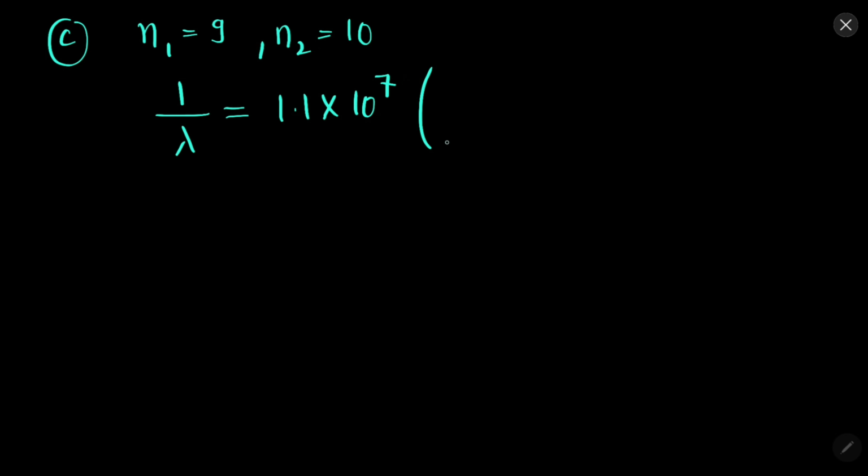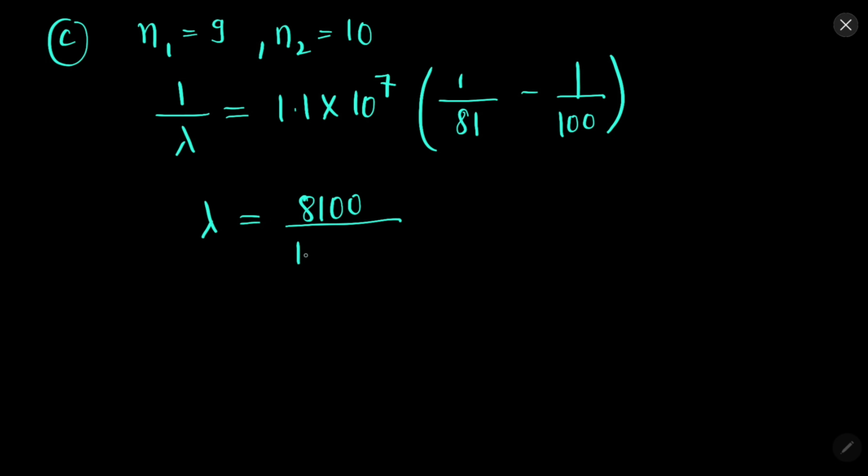In the third part, n1 is 9 and n2 is 10. So 1 over lambda equal to 1.1 into 10 to the power 7. Square of 9 is 81, square of 10 is 100. So lambda will be 8100 over 1.1 into 10 to the power 7 into 19.